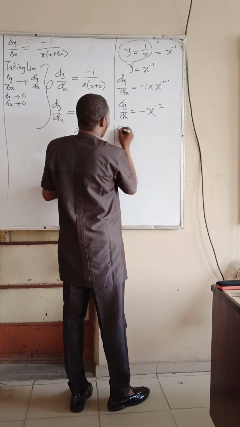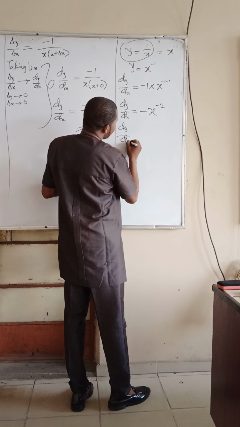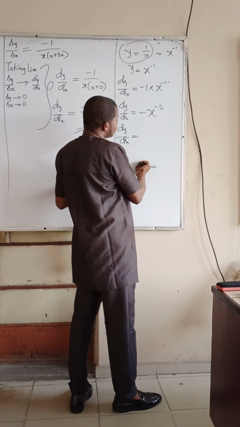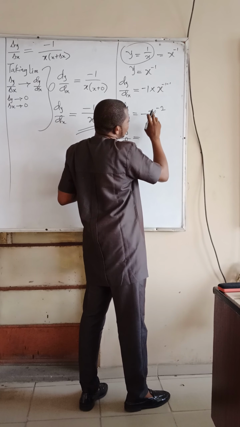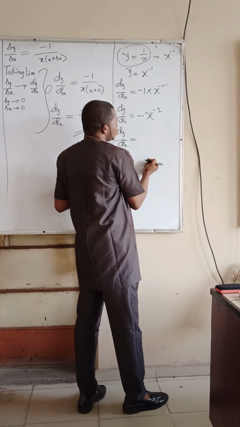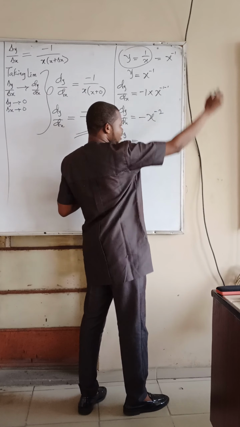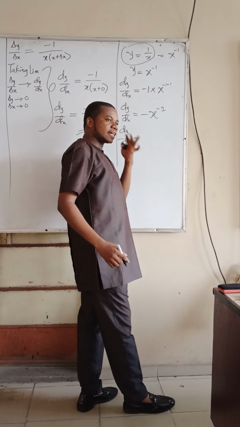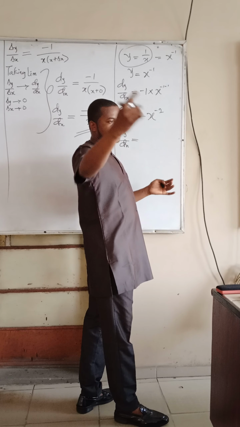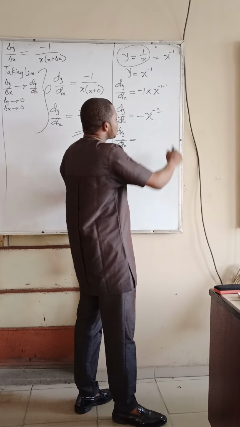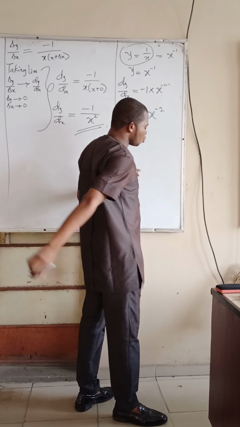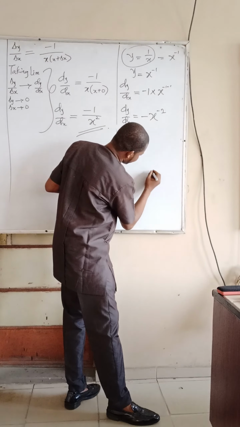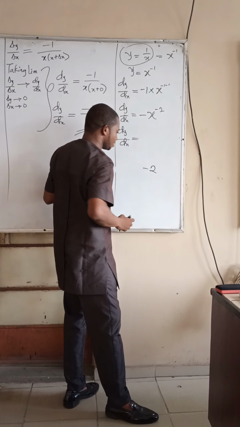Now, I have dy/dx equal to minus x raised to power negative 2. We must understand the concept of minus 2 and negative 2. In as much as this is standing on its own and it is negative, it becomes negative 2.